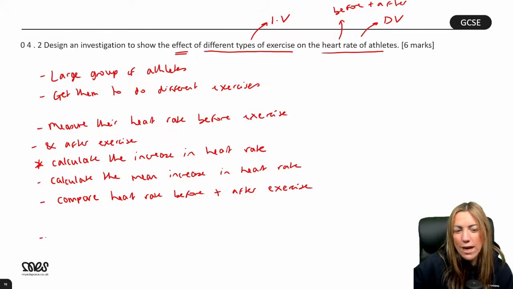Now, if we want to make sure we get 5 or 6 marks, we need some control variables. I always say give at least 3. So think about things that might affect the results if you did not control them.